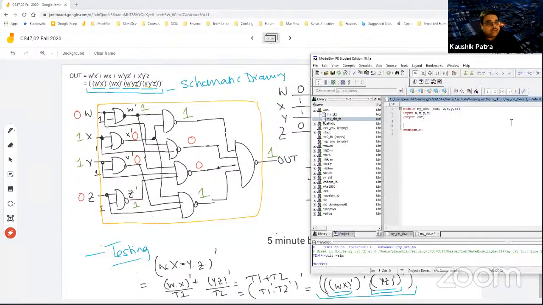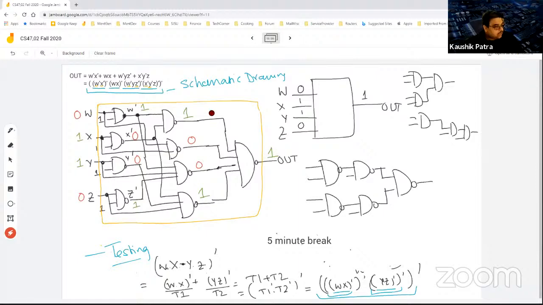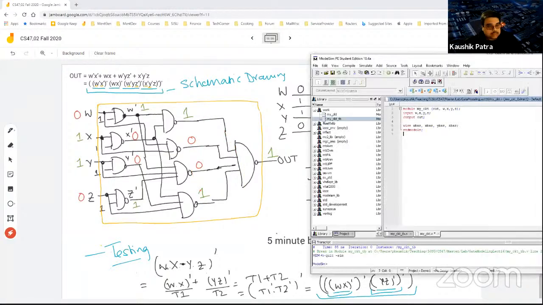So we can define wires, and let's call them W bar, X bar, Y bar, Z bar, and then we need 4 more wires to connect these. So we can just make it W1, W2, W3, W4, very simple.